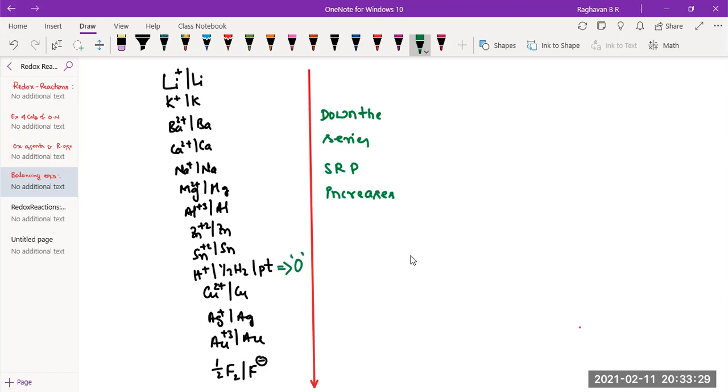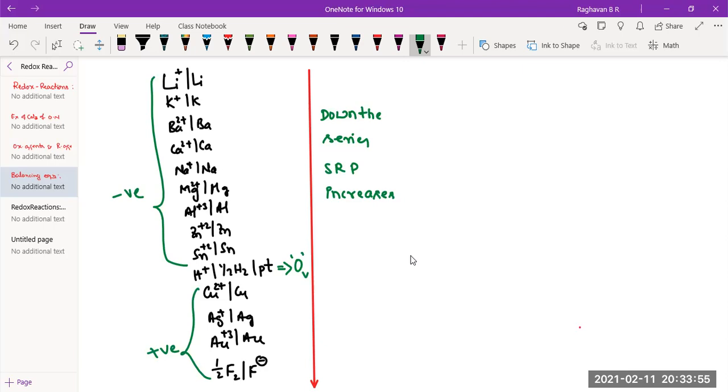Its SRP value, standard reduction potential, is almost feeble and negligible, so it is assumed to be 0. Since elements are arranged in increasing order, all the elements above the standard hydrogen electrode have negative SRP, then 0, and all those below have positive SRP. So by and large, this series is divided into above and below with respect to hydrogen.